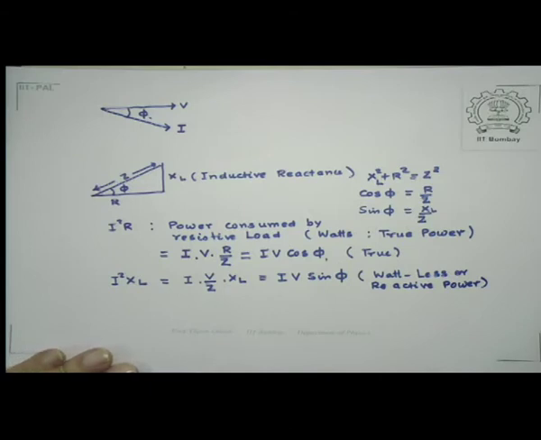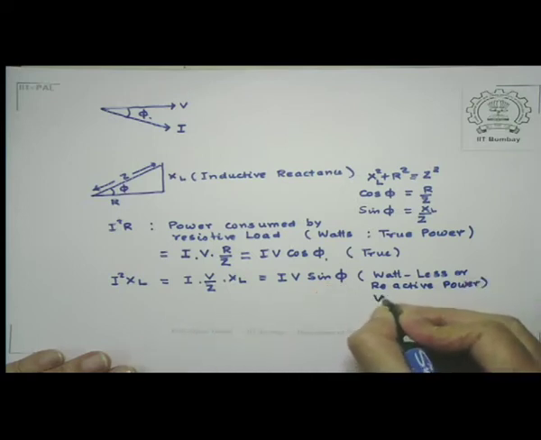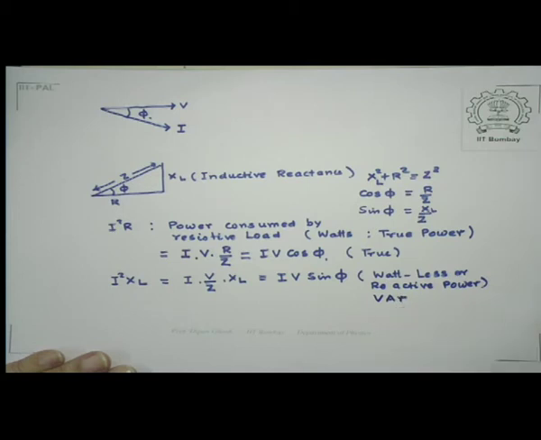Now, though the dimension of the wattless power is the same as that of true power, the electrical engineers prefer to measure it as volt ampere reactive or kilovolt ampere reactive, as the case may be.